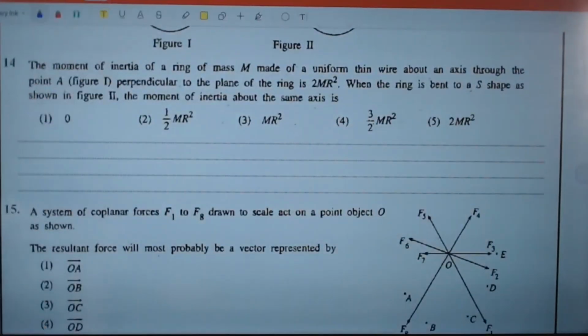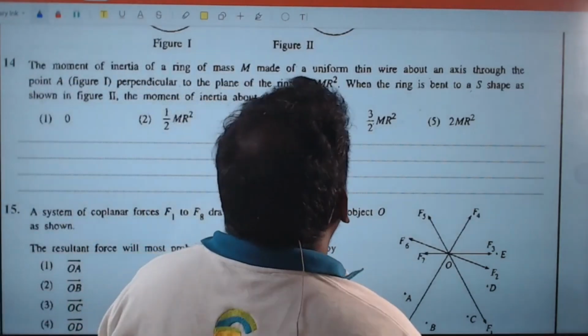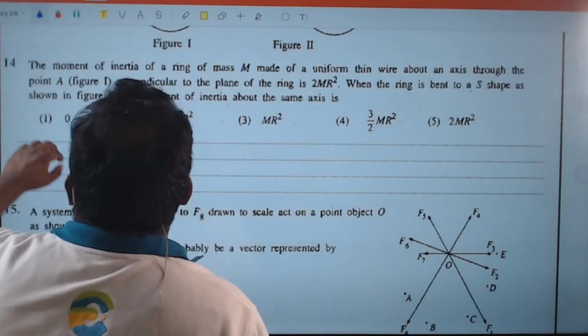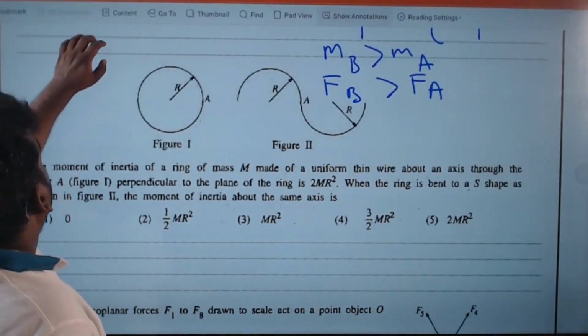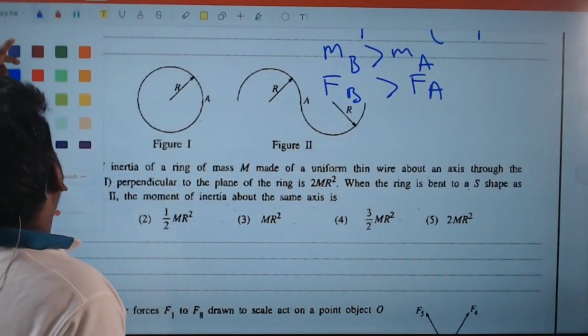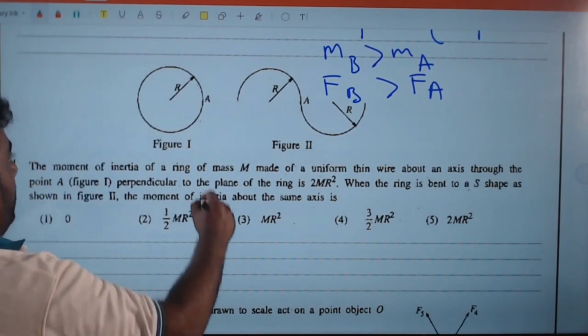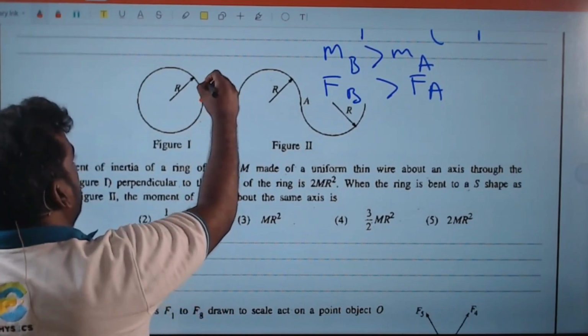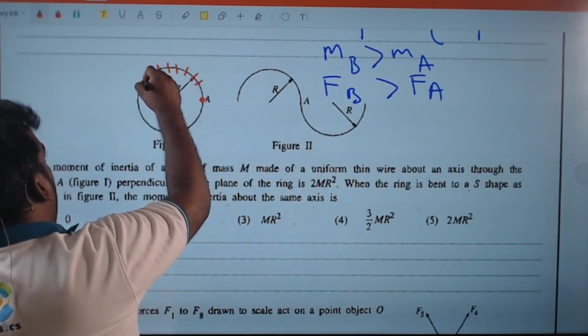Next one. The moment of inertia of a ring of mass m about point A is given. About point A means we can subdivide the ring into small masses.